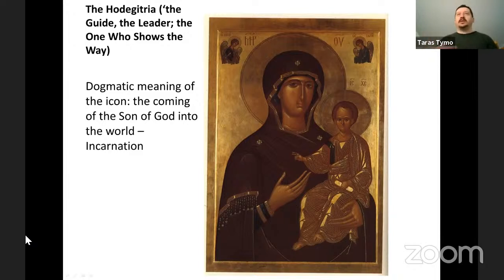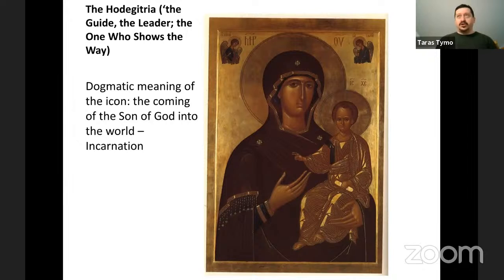So the dogmatic theological meaning of this composition is the incarnation of the Son of God and him being the way of life for the believers. So we have to follow Jesus. Mary is not drawing attention to herself. It has also this kind of spiritual twist that we identify those icons as Marian icons.